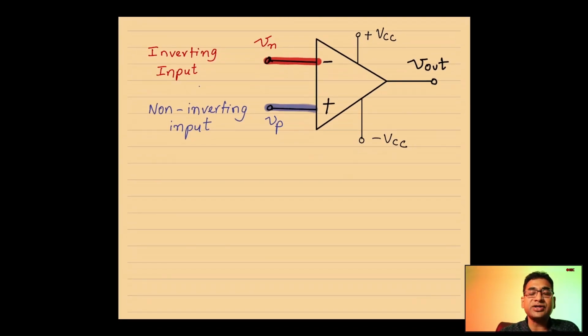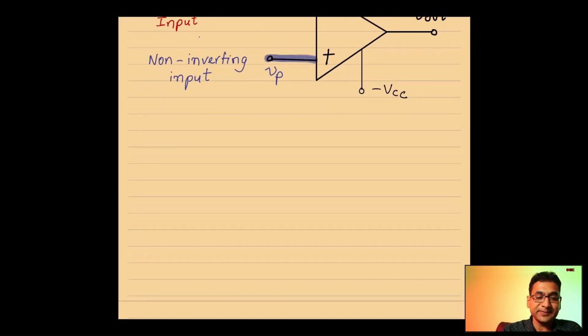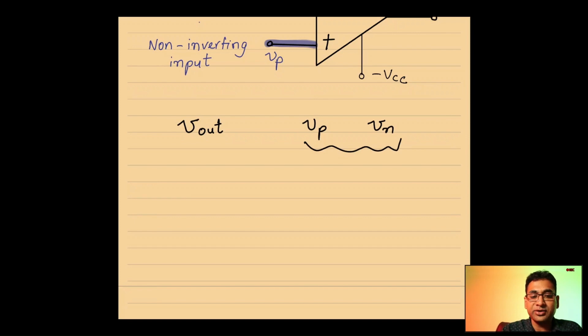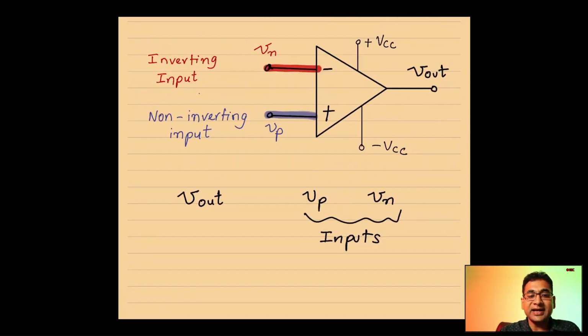The one thing that you want to remember really is the relationship. Well, it's not even remembering it; if you understand this, you'll have it. The relationship between Vout and VP, VN. These are the inputs. What is the relationship between output and input?